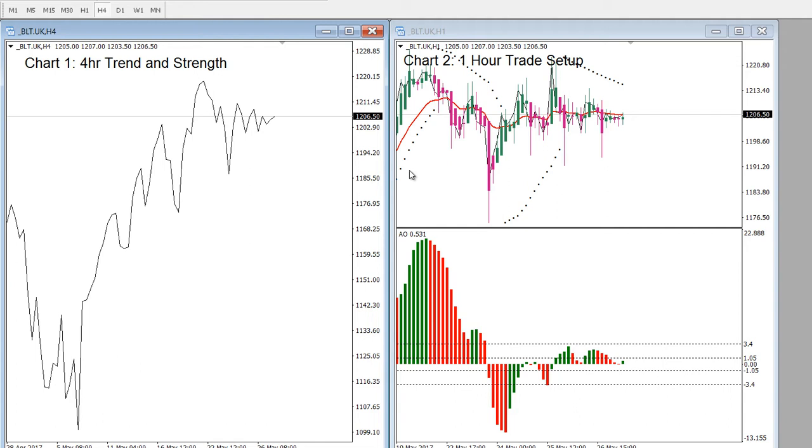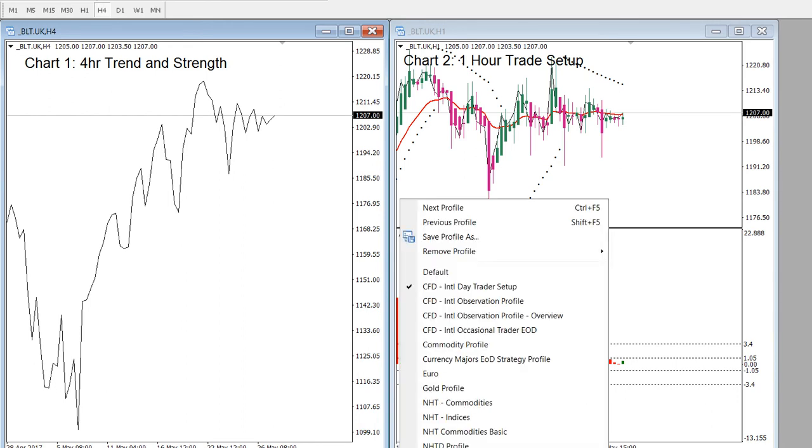Then we will have a look at the stocks in the morning or in the evening, whenever it basically suits you, in order to set up your trades. The strategy is fairly simple, and it can be used in all time frames. So that will be your international day trader.